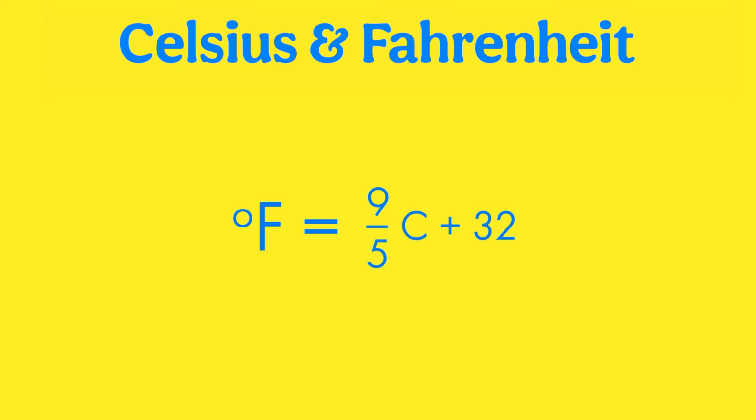So F equals 9 divided by 5 C plus 32. If you have the Fahrenheit temperature, you put it in for F. If you have the Celsius temperature, you put it in for C, and then you solve for the other variable. That way you can convert back and forth. I haven't seen a question that does this yet, but I think it could.